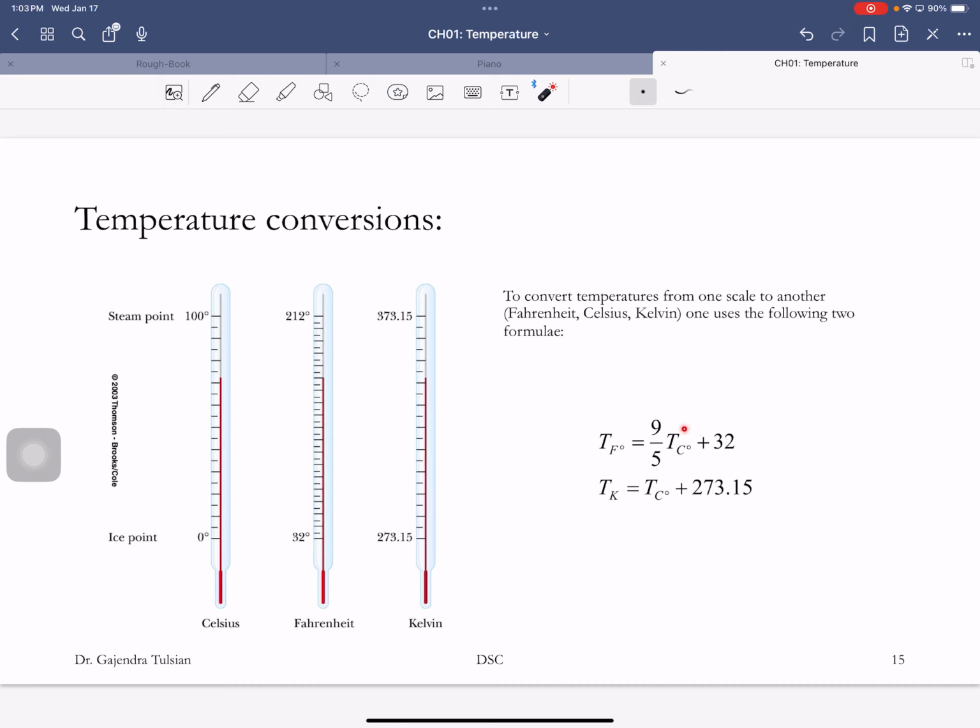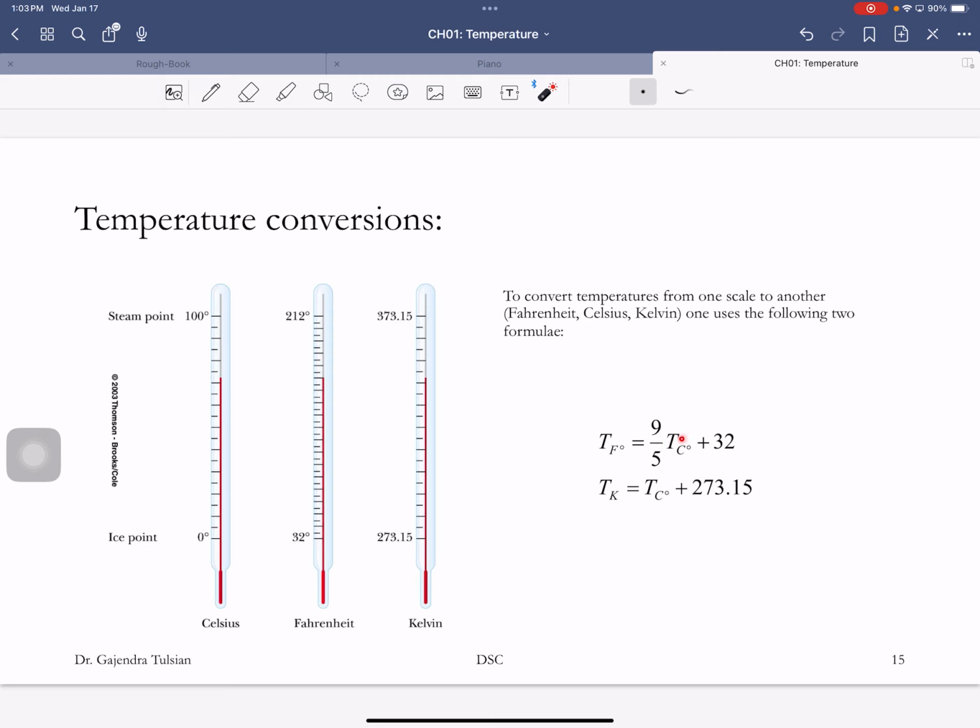If you have a temperature in the Celsius scale, here's how you use this formula to go to the Fahrenheit scale. And here's a quick way to do it in your head. 9/5 is roughly 2, and then you add 30.